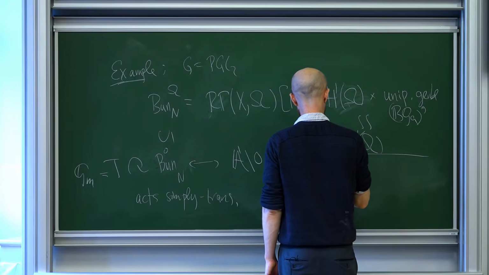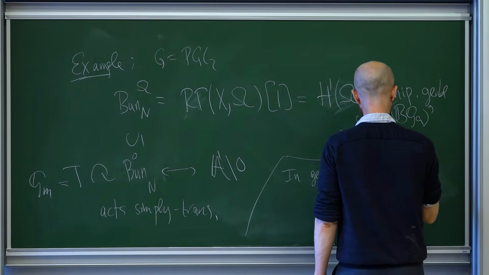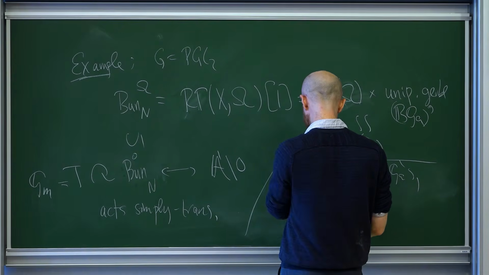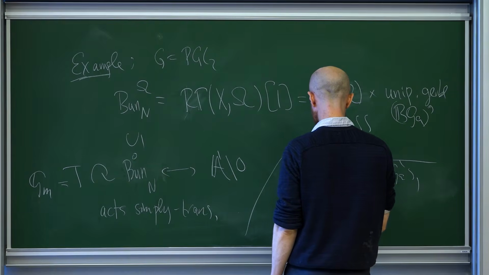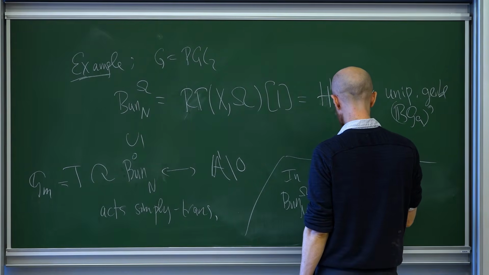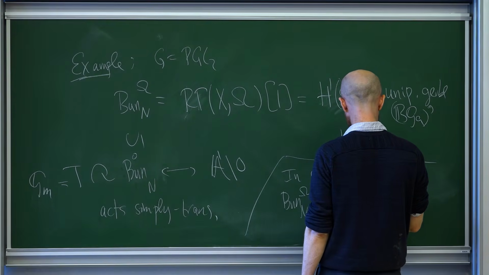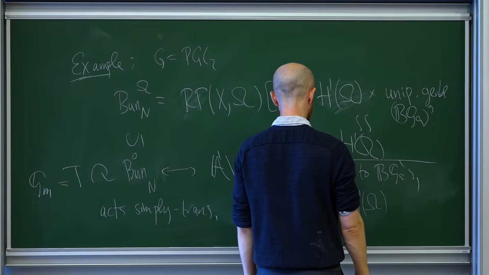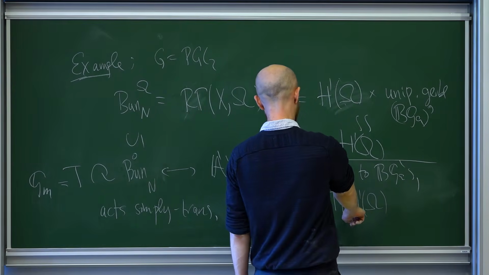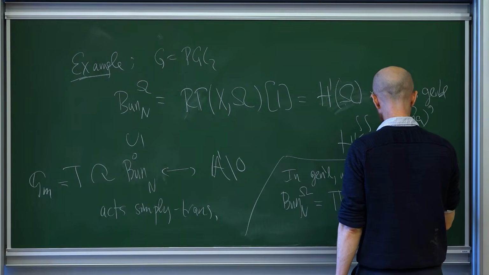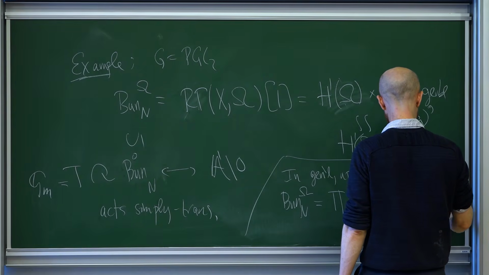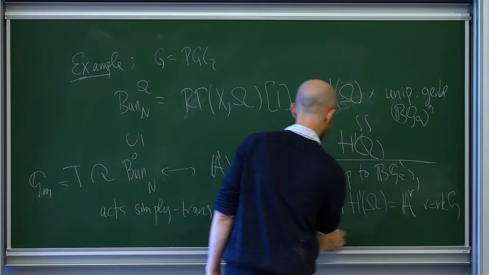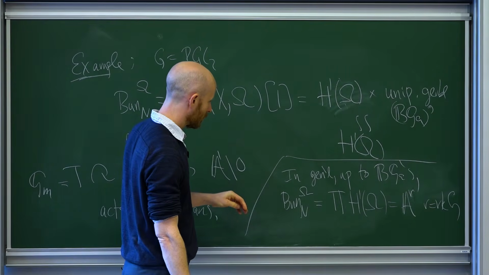In general, up to BG_a's, the way this Bun_N^ω is going to look is that it's just a product of copies of H^1 of the curve, a product of copies of, what am I trying to say, a product of copies of A^1, up to BG_a's.